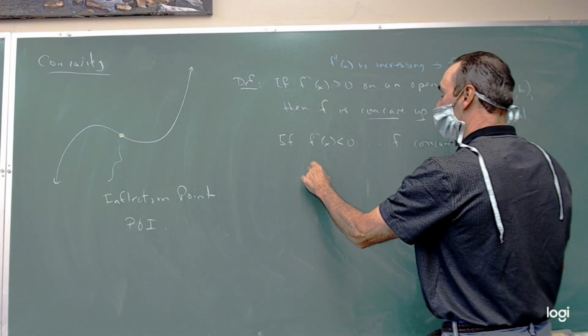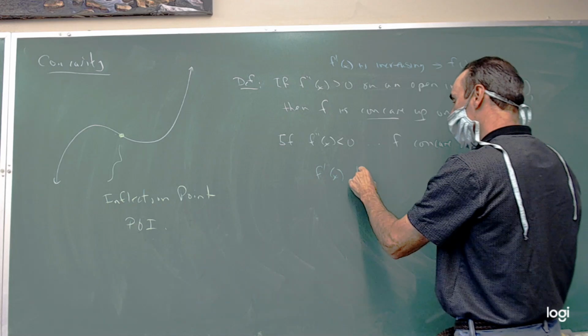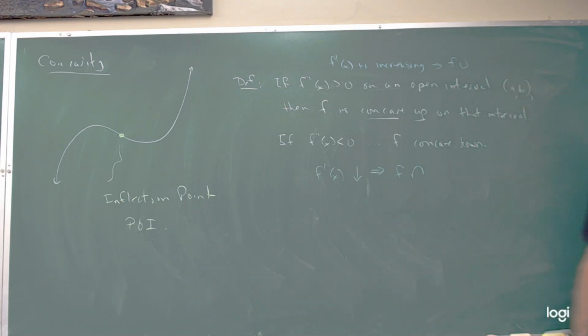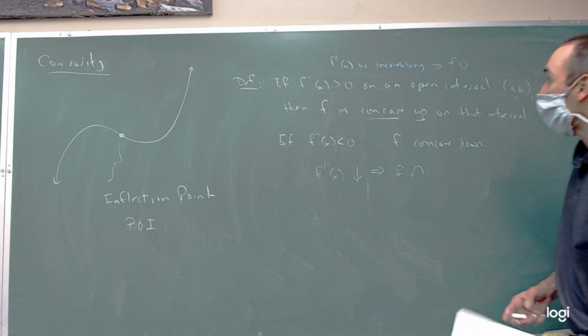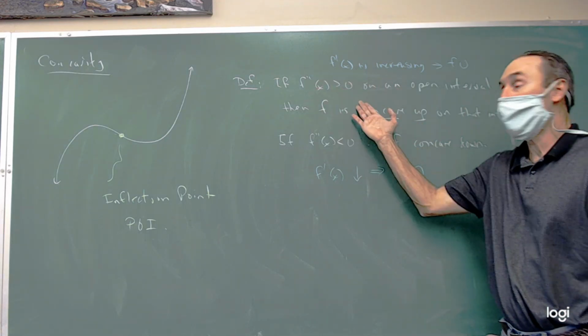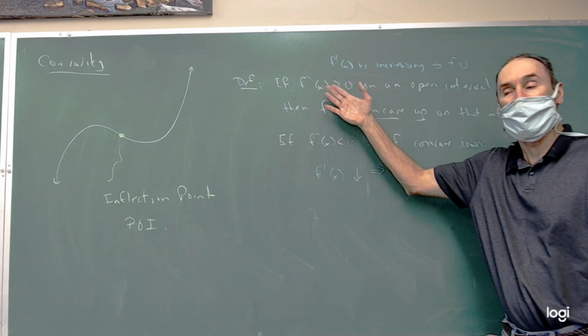And if f prime of x is decreasing, that means the original function f has a graph that is concave down. That makes sense, right? Because if f prime is increasing, its derivative, f double prime, would have to be positive. So they mean the same thing.